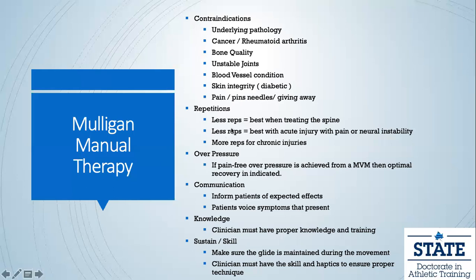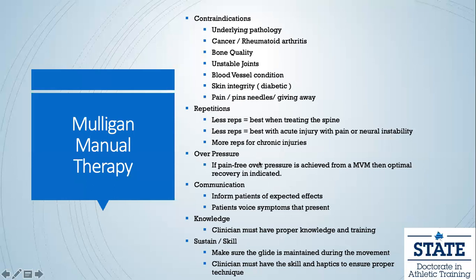Reps: fewer reps are best when treating the spine. Fewer reps are also best with acute injury with pain or neural instability. More reps are better for chronic injuries. Overpressure: if pain-free overpressure is achieved from a movement with mobilization, then optimal recovery is indicated.